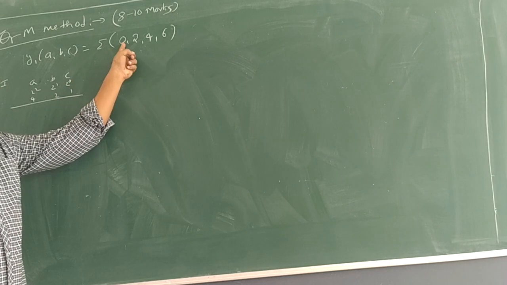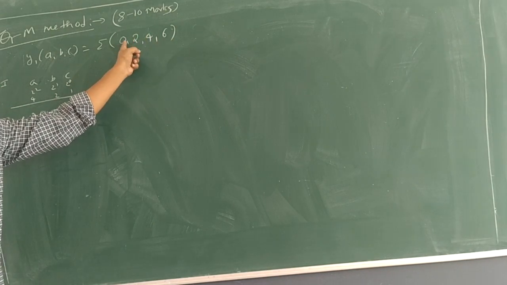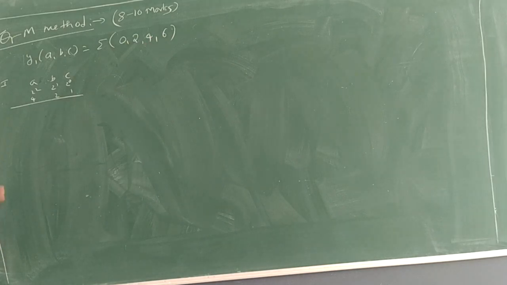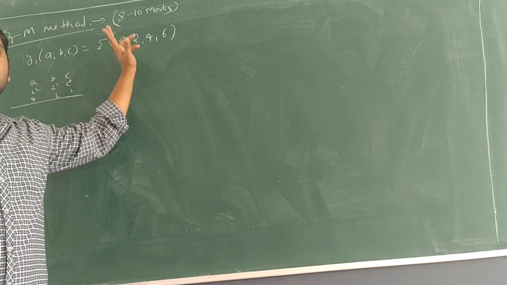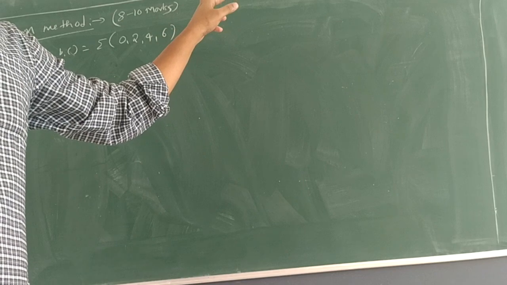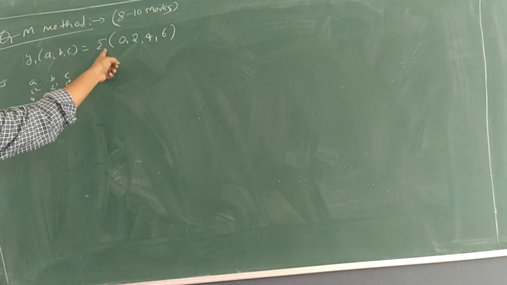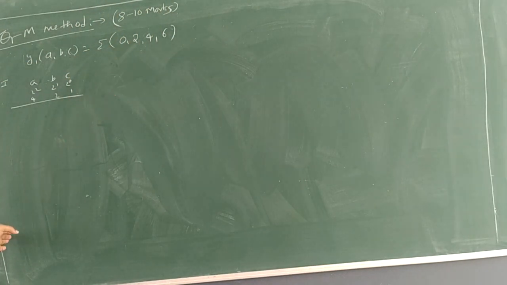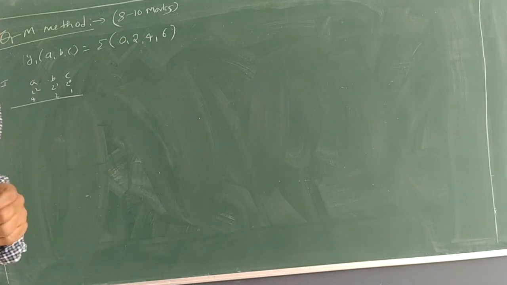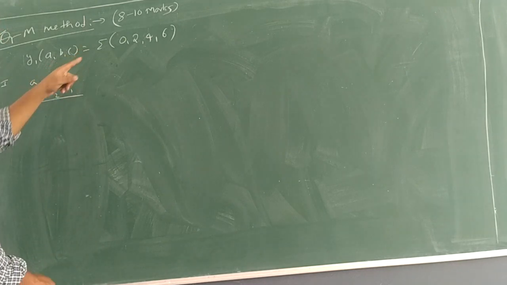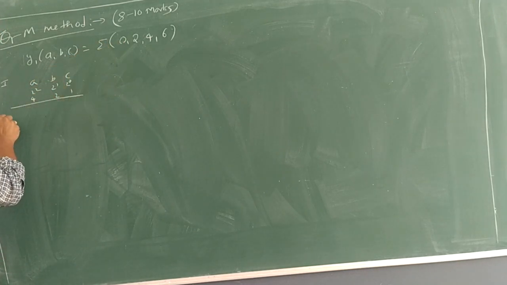Now, write down the numbers in increasing order vertically if they are given shuffled. Writing in increasing order is very compulsory. So what is the first smallest number here? 0, next 2, next 4, next 6.